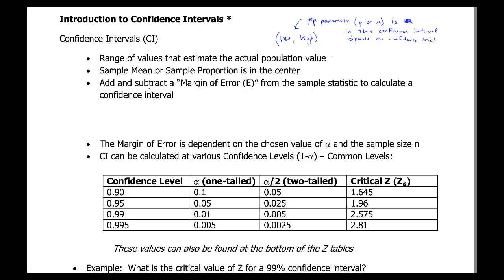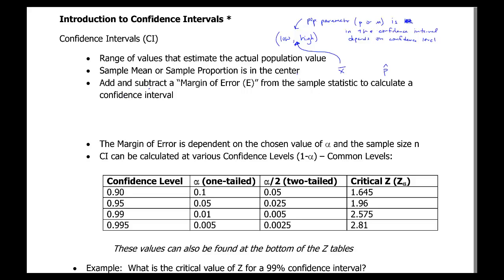So the center is your sample mean, which would be x bar, or sample proportion, which is p with a pointy hat. We call that p hat. So that's going to be the center, or the middle, so that would end up right in the middle, and that's used to calculate the confidence interval.